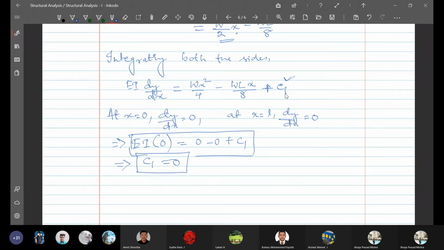Now if you put the other condition also here, then also it will be 0. Why? Because at x equals L, this is WL square by 4 and this is again WL square by 4. So C1, if I put the first condition, that is x equals 0, becomes 0.